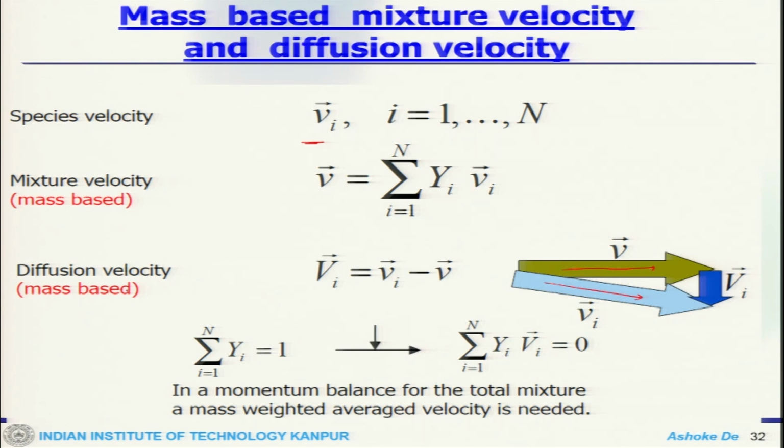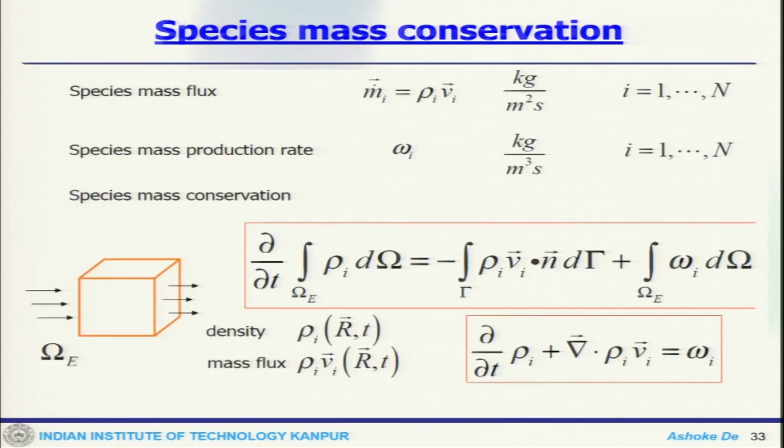So, the diffusion velocity is the difference between these two velocities. The summation of Yi over the species in the system is 1, and the summation of Yi times Vi should be 0. So, that means in a momentum balance for the total mixture, a mass weighted average velocity is needed. This is an important point to be noted here, that it is mass weighted.